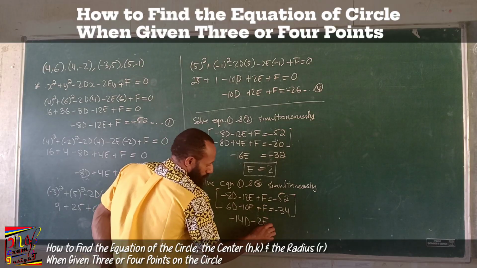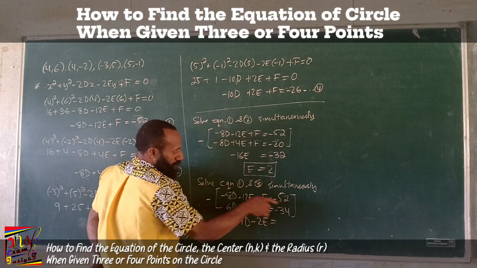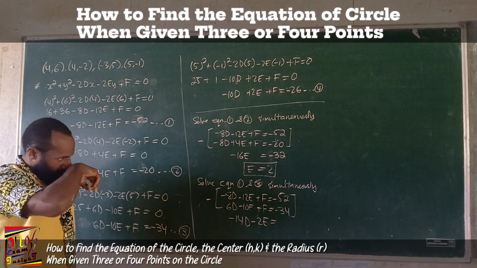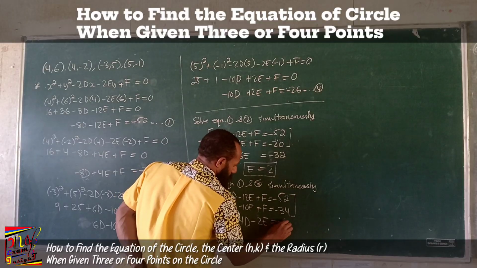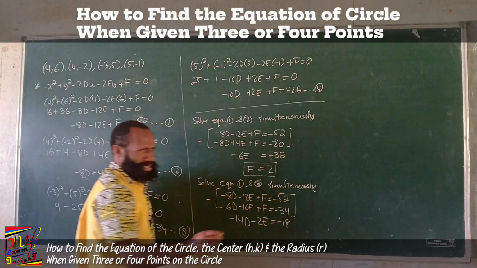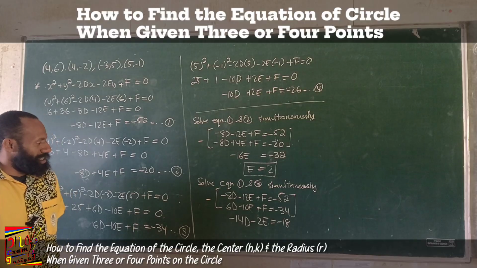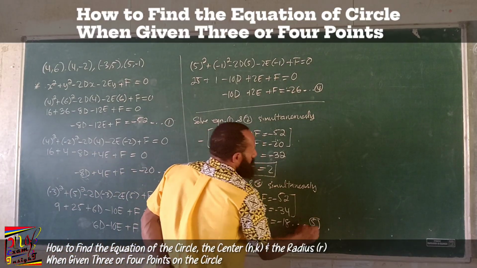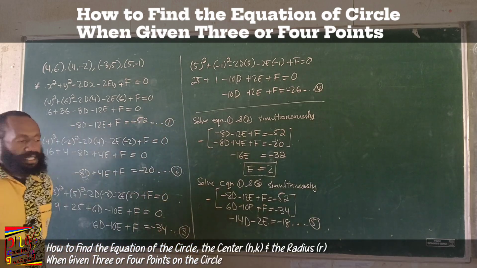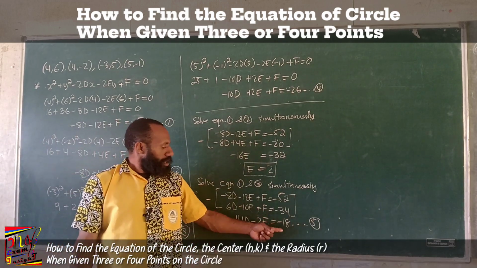F minus F is 0. Minus 52 minus 34. Who says 20? Okay, it's minus 18. So that is your equation, let's say equation 5. Is that clear? So here, Aisha, in equation 5, now we have two unknowns.